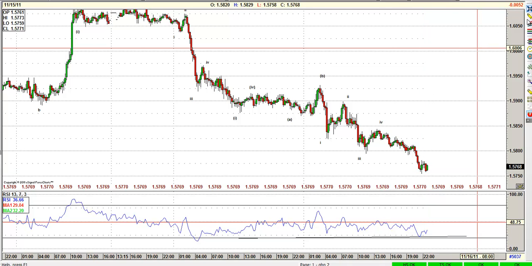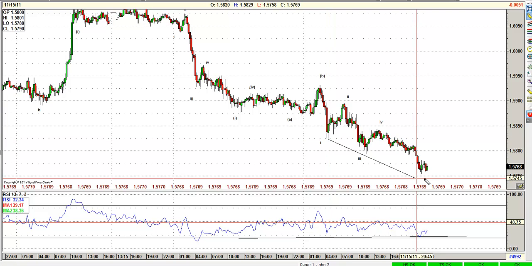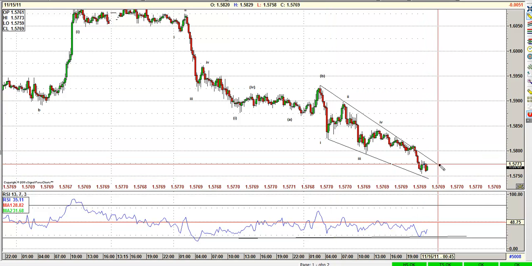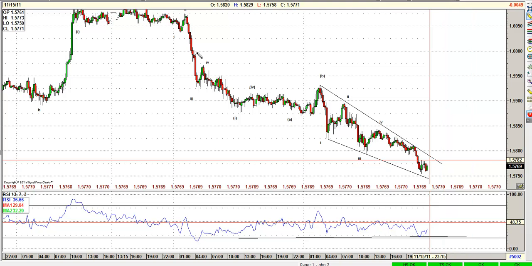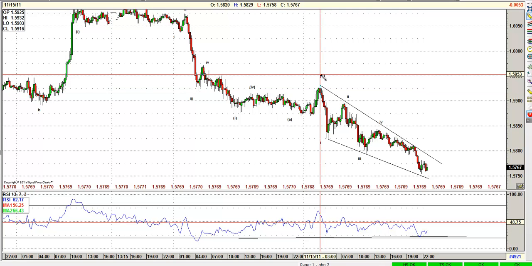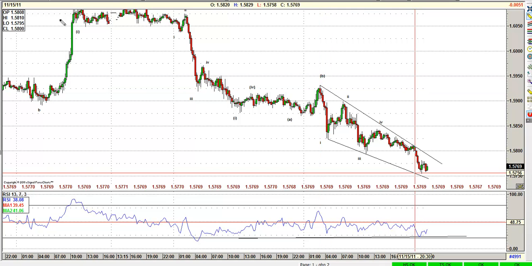Maybe it's an ending diagonal, and we still are in the A wave, and then like that, right? 1 and A, and here a B and a C. Who knows?